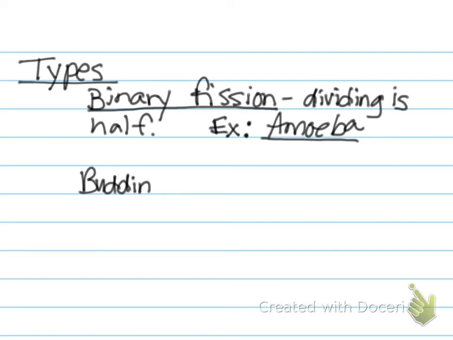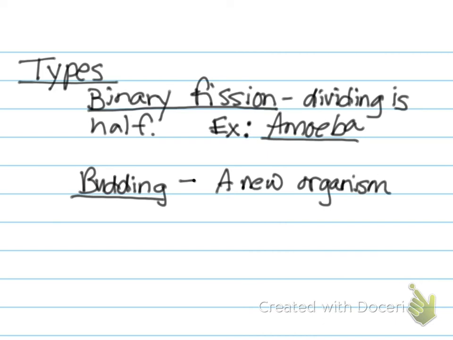It's called budding. And it's when basically a new organism. So an organism is something that's living, like you are an organism, your dog is an organism. Things that are alive but you can only see under a microscope are organisms.